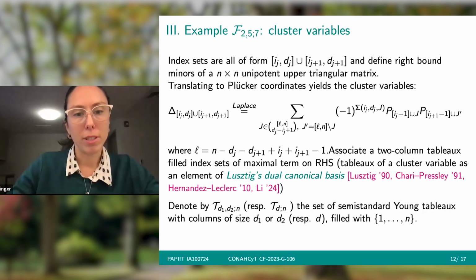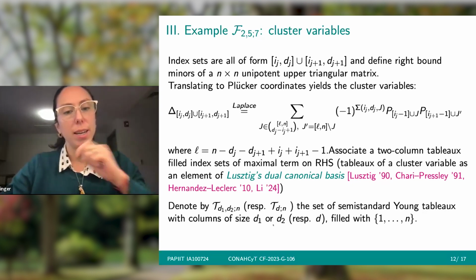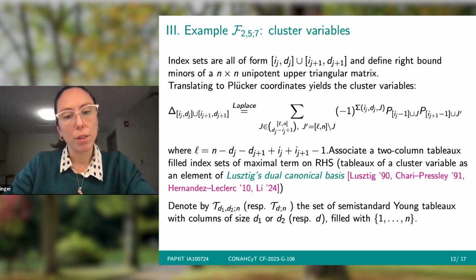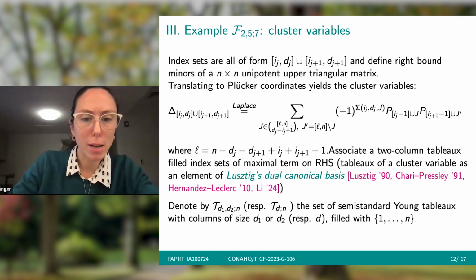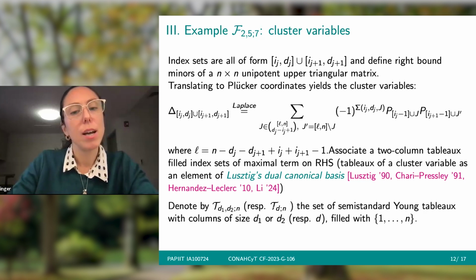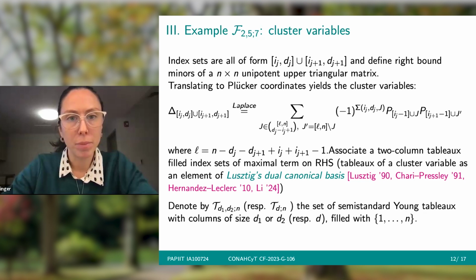So to have everything more concise, let me introduce the notation T, D1, D2, N to denote the set of semi-standard Young tableaux with columns of size either D1 or D2 and filling 1 to N. And then similarly for a Grassmannian, I would just have T, D, N, so just tableaux with columns of length D and entries 1 to N.